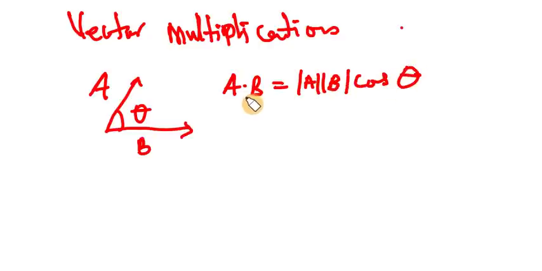So when you know the dot product of two given vectors and the magnitude of the vectors, you can find the angle between the vectors. Also, when you know the magnitude of vector A and magnitude of vector B, and you know the angle, you can find the what? Dot product.